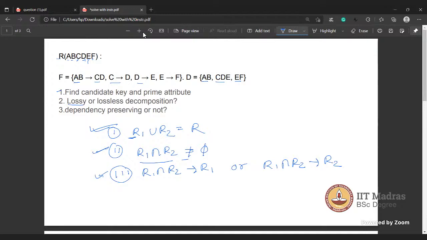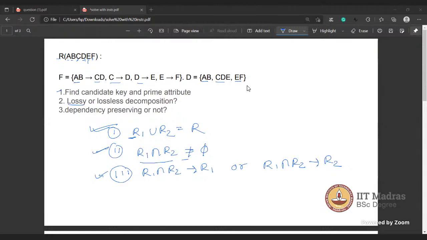Now, if there are only two decomposed relations, we have to check R1 intersection R2. Sir, then my R1 is replaced with R12. So the new R1 is R12 and R2 is R3.